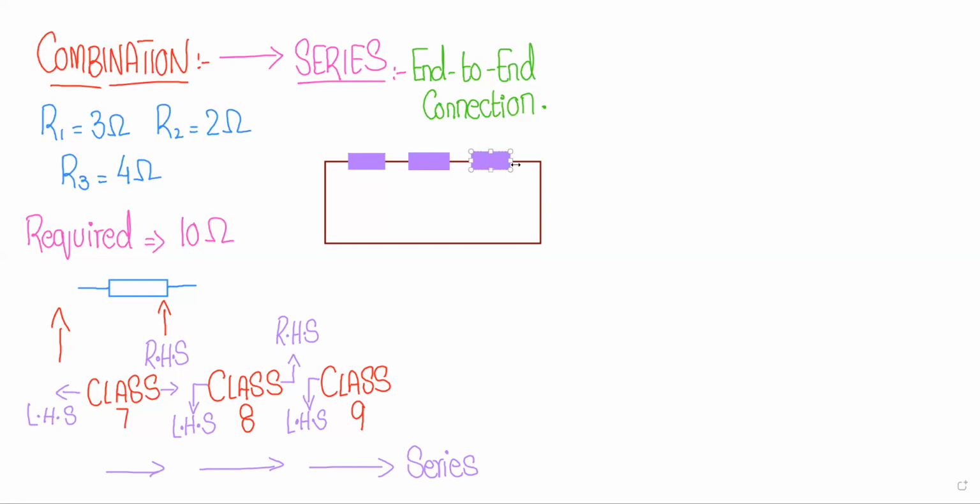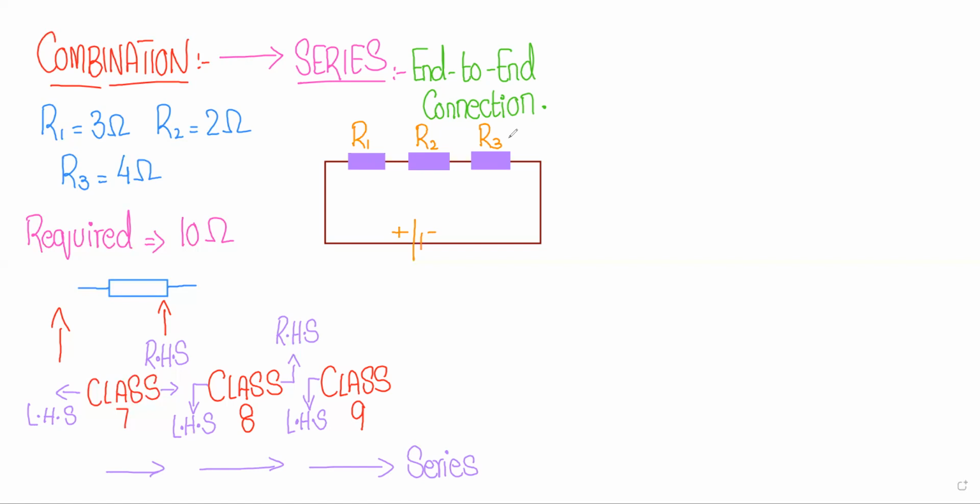So there are three resistors in series and there will be a potential difference or a voltage supply over here through which current is going to pass through all these resistors, right? This is R1, this is R2, this is R3, right? So we know that current will always flow from the positive side unless they are asking about the electron flow, right?